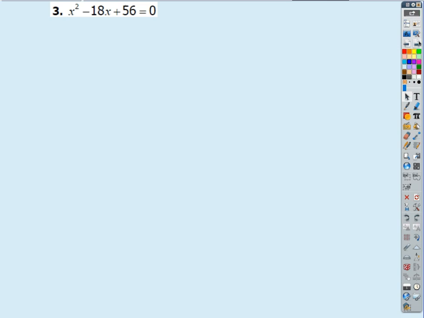How could I turn this into a perfect square involving x and then maybe some other number? You remember doing this stuff? What does this sound like we're going to be doing? Where we want to coax a perfect square out of this. Completing the square. This is just completing the square, isn't it? So we could solve this by completing the square.